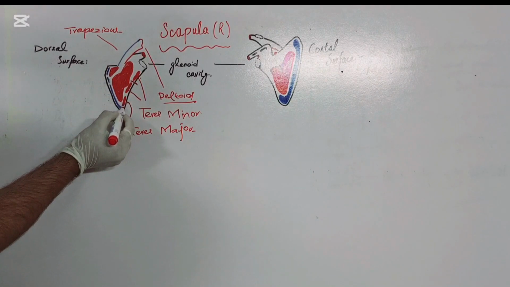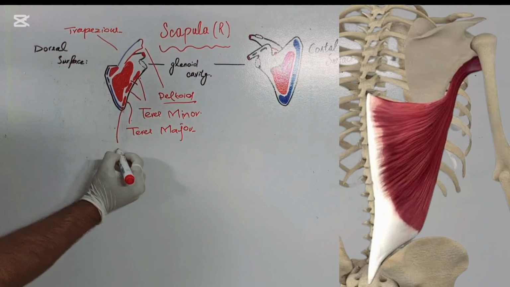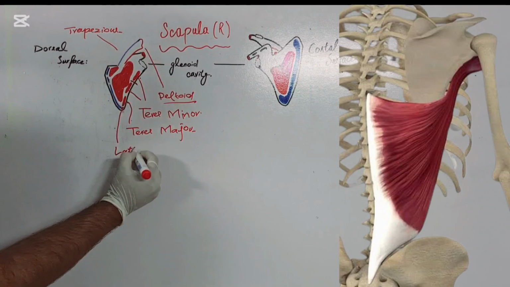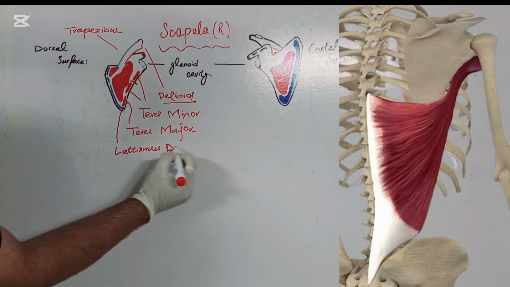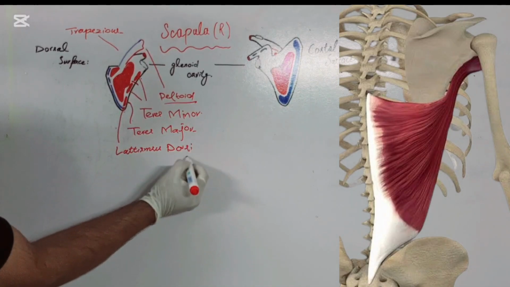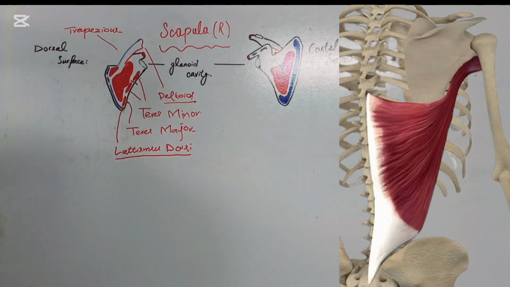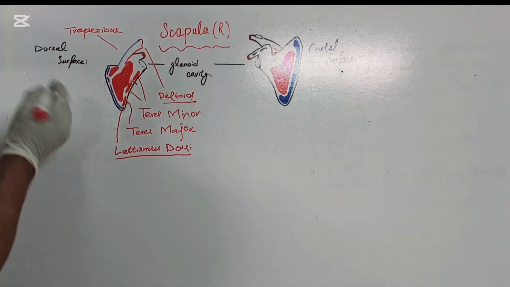At the inferior angle, here we have latissimus dorsi, which is the muscle of the back and is a major muscle of the posterior compartment of our back.